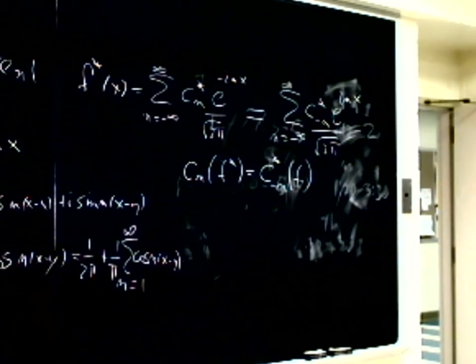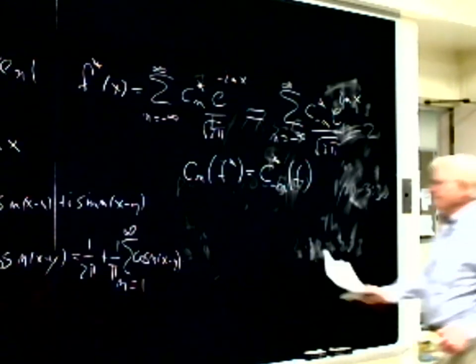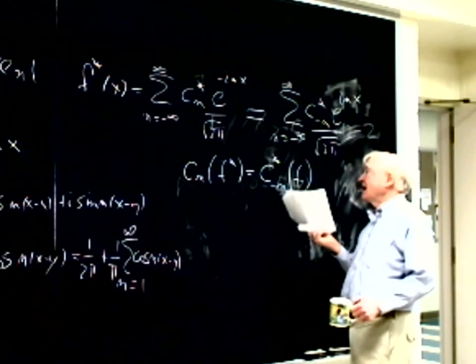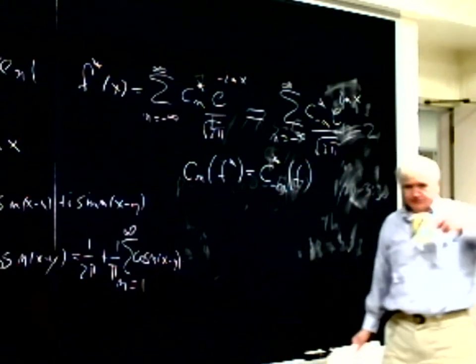So the coefficients of the complex conjugate function are the complex conjugate of the coefficient of the negative index. Cn of f star is C minus n star of f.